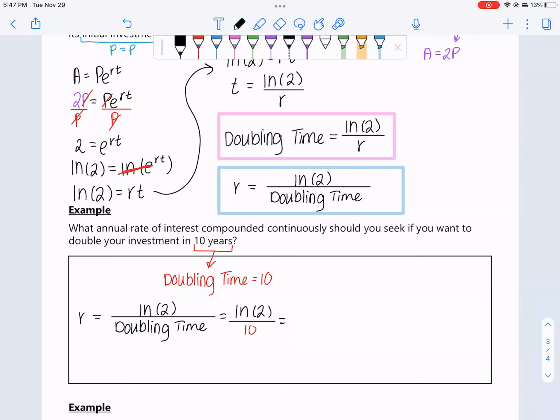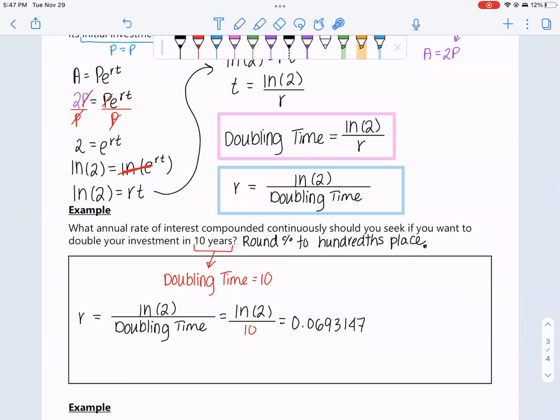If you plug this into your calculator, you're going to get a lot of decimals. Oh man, I forgot to write: round the percent to the hundredths place. That means that your answer should be a percentage with 2 decimals. This is a decimal.